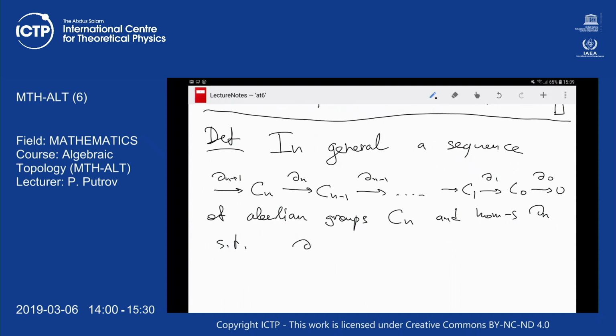Such that D_n composed with D_{n+1} is 0 for any n is called a chain complex.